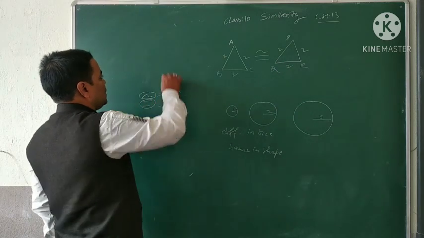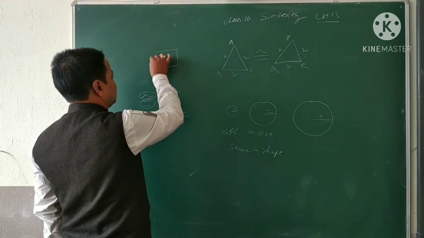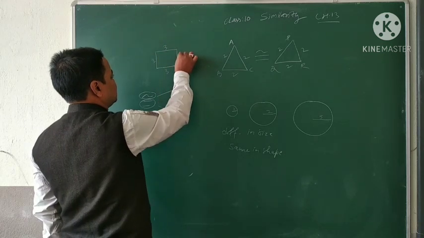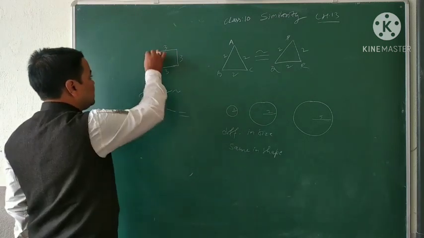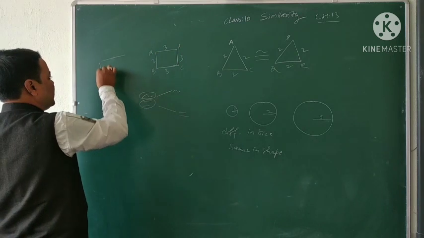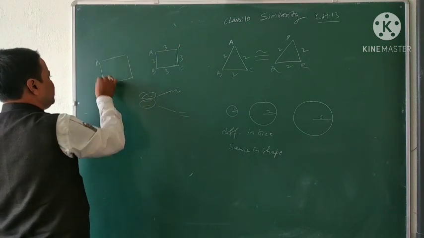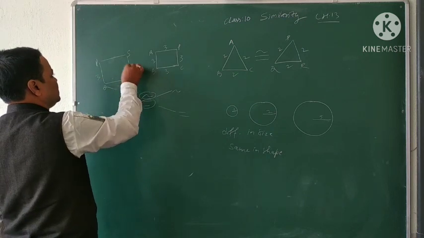If I have a square with sides 3 centimeter, 3 centimeter, 3 centimeter, 3 centimeter, this is ABCD, and similarly one more square PQRS, 3 centimeter, 3 centimeter.